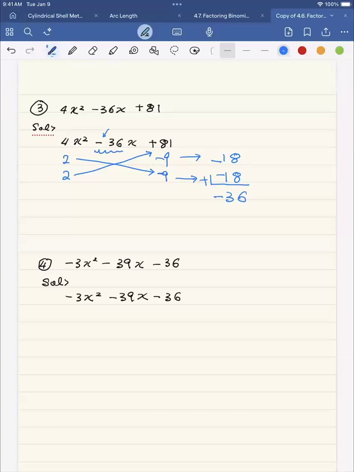So we got the combination of numbers, and then we combine horizontally, x plus, and then write finally 2x minus 9 times 2x minus 9. You can rewrite that as 2x minus 9 squared.